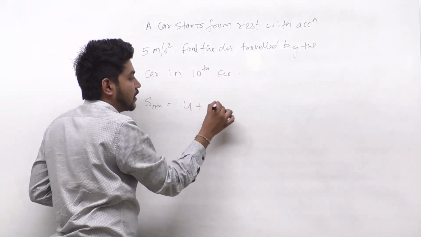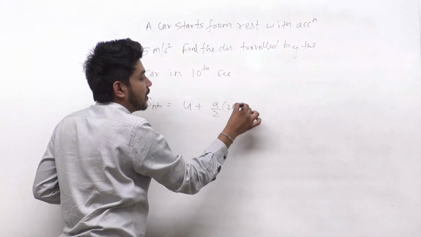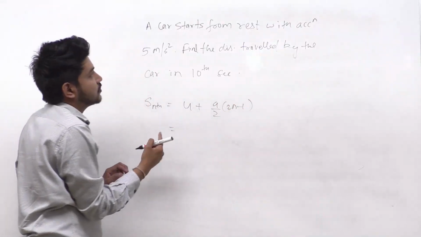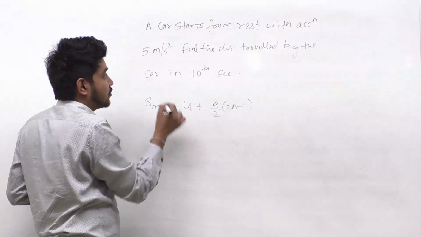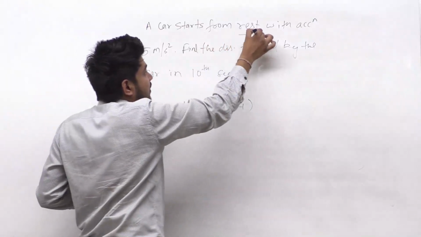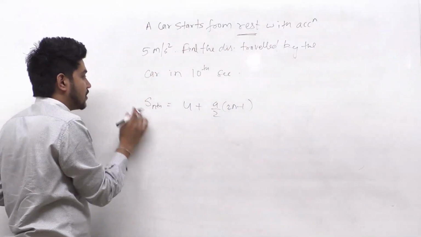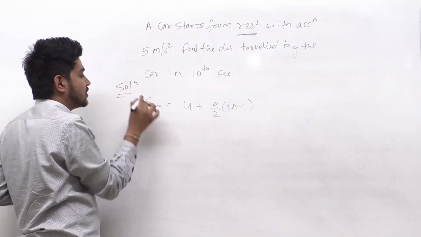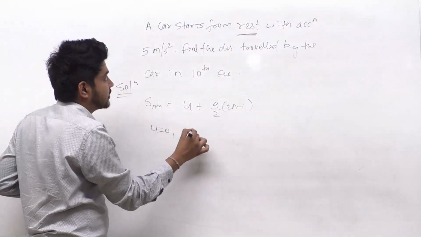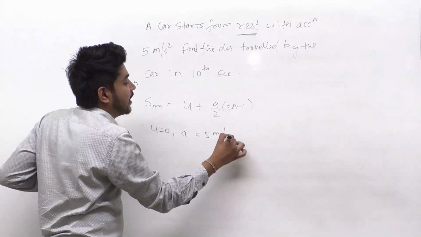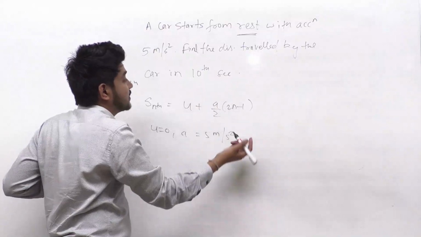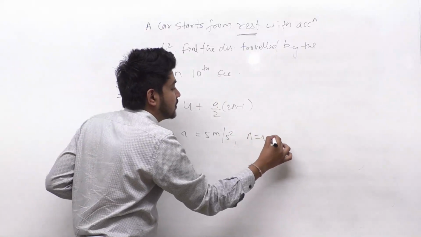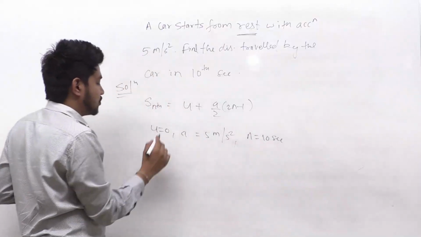So we just now found distance travelled in nth second is u plus a by 2 into (2n minus 1), right? So initial velocity is how much? Because it is told starts from rest, initial velocity is 0, acceleration is 5 meter per second square, and the nth second is 10th second, which means n is equal to 10. So let's put these values over here.